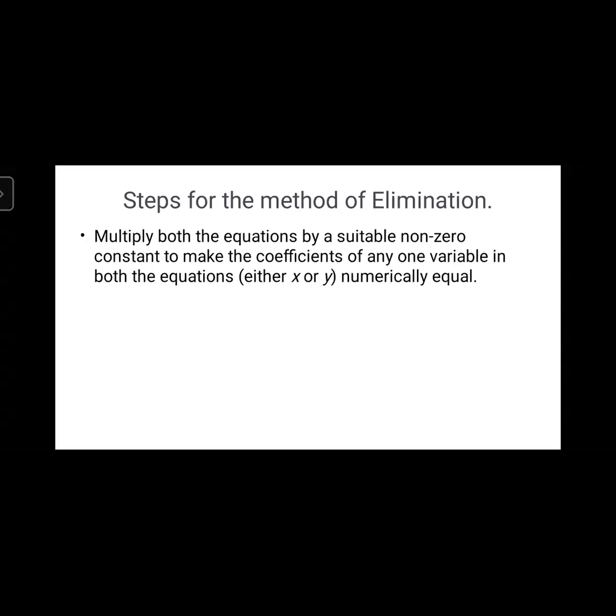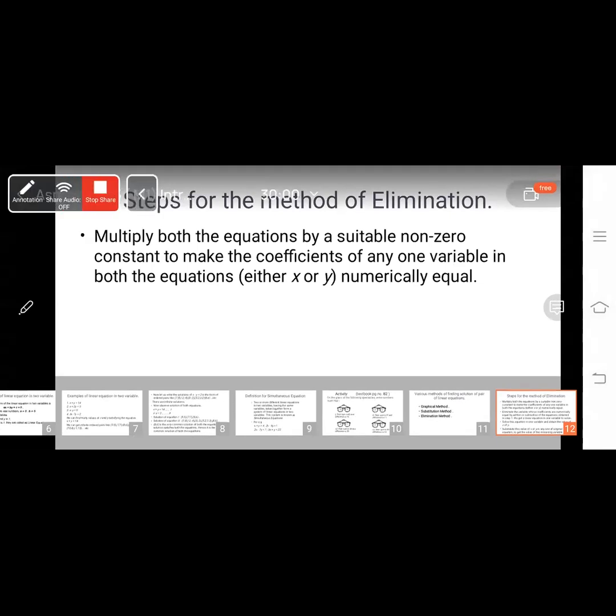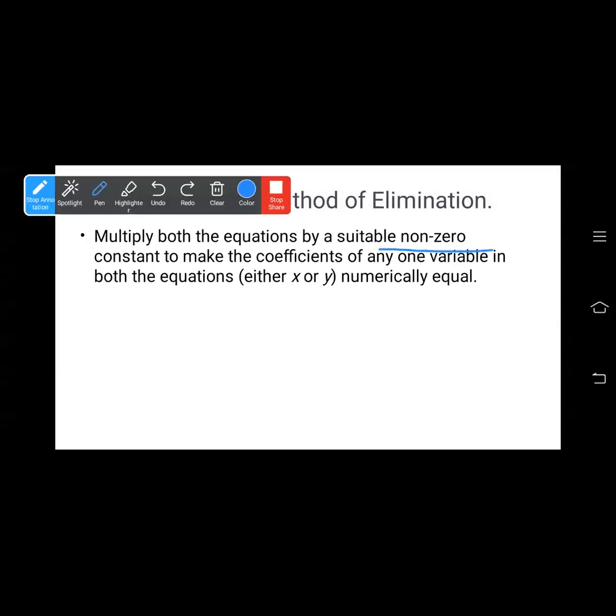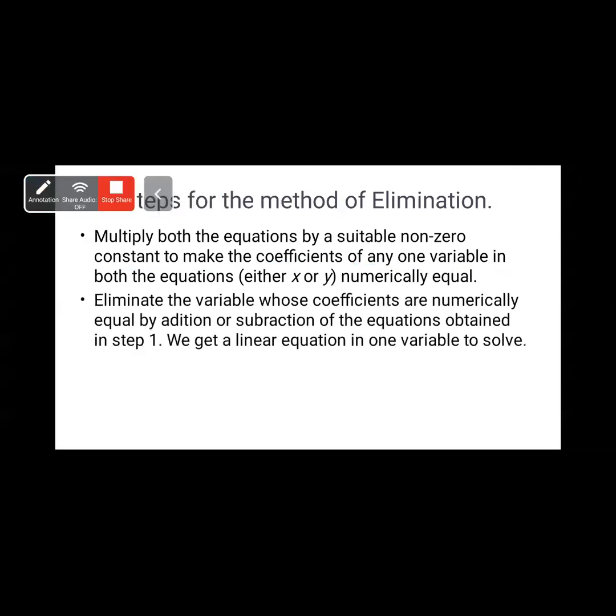To find the solution using the method of elimination: first, multiply both the equations by a suitable non-zero constant to make the coefficient of any one variable in both the equations, either x or y, numerically equal. Next, eliminate the variable whose coefficients are numerically equal by addition or subtraction of the equations obtained in step 1.